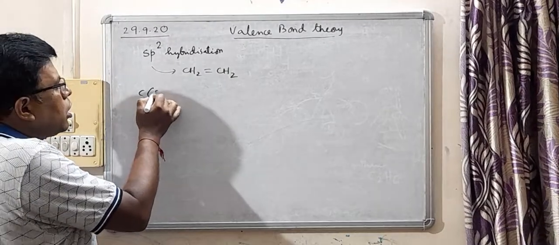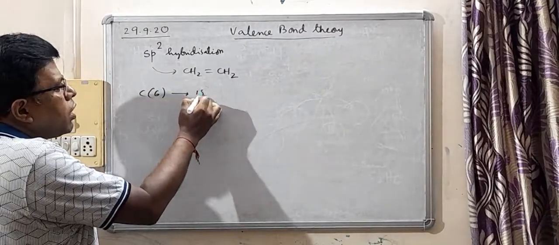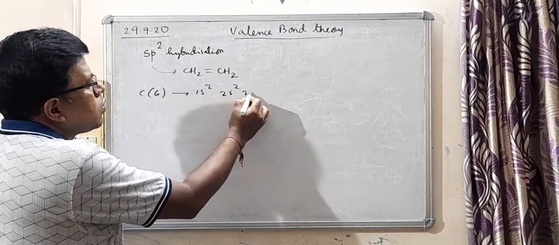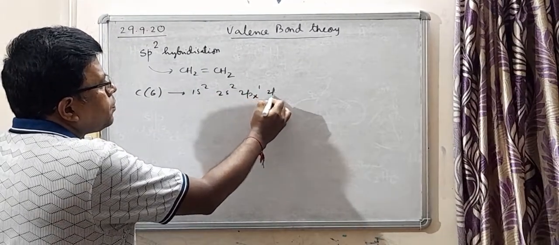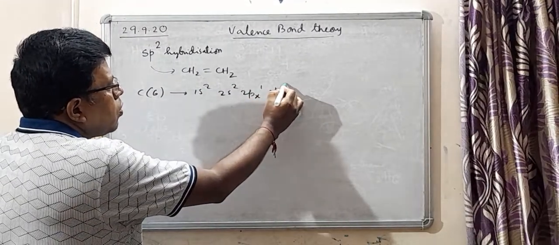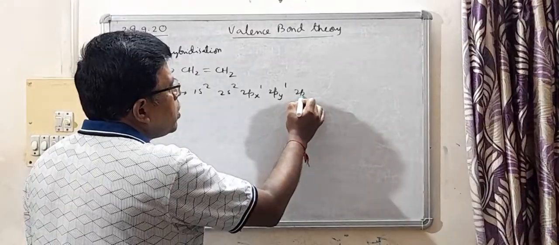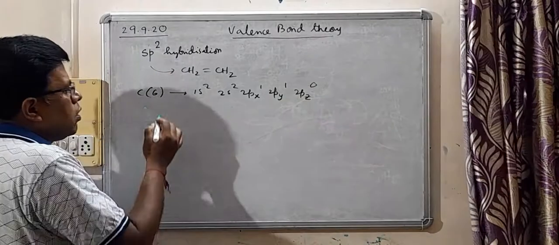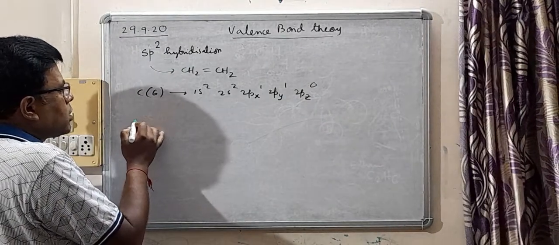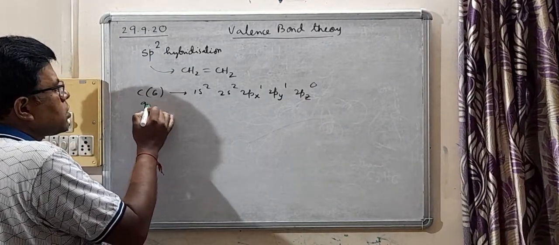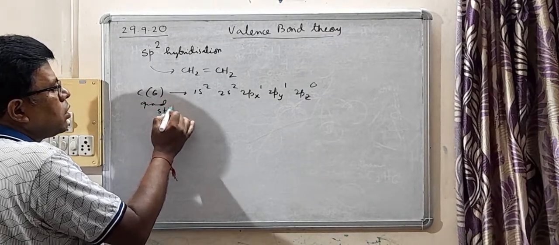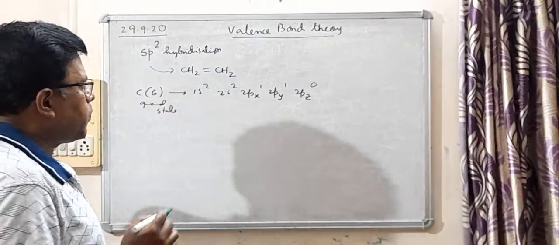Carbon electronic configuration: 1s2, 2s2, 2px1, 2py1, 2pz0. This is the ground state, the minimum energy state.